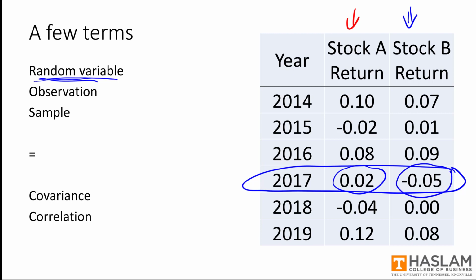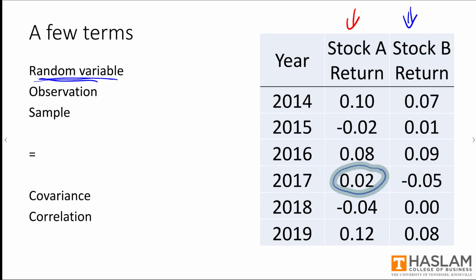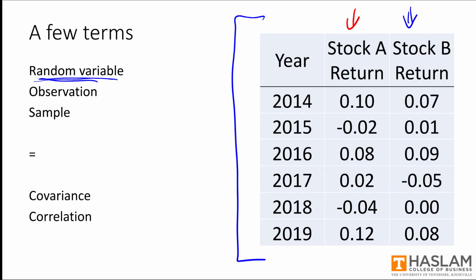In other words, these 2 returns, the 2% for stock A and the minus 5% for stock B, occurred at the same time. We're going to refer to this entire thing as the sample. There's just an extra dimension to the sample in this example.